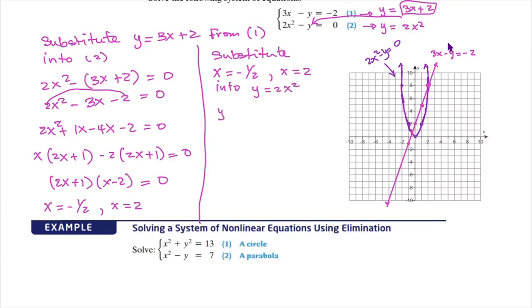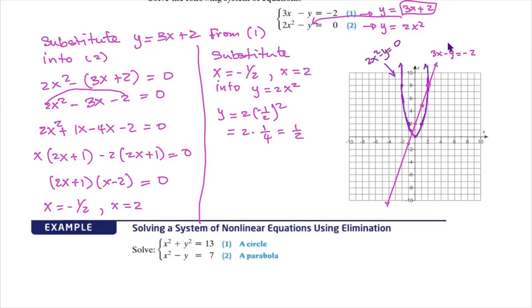So y equals 2 times (-1/2) squared. That gives me 2 times 1/4, and then that equals 1/2.